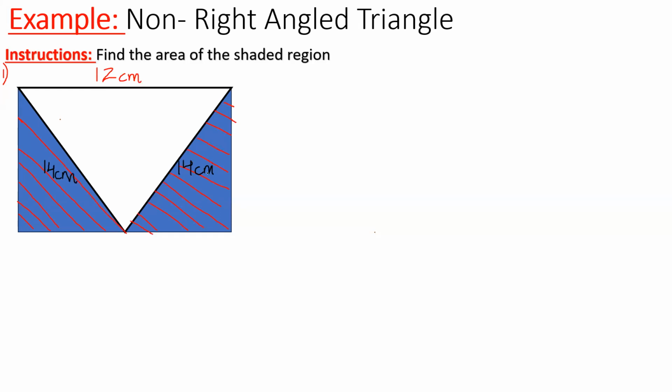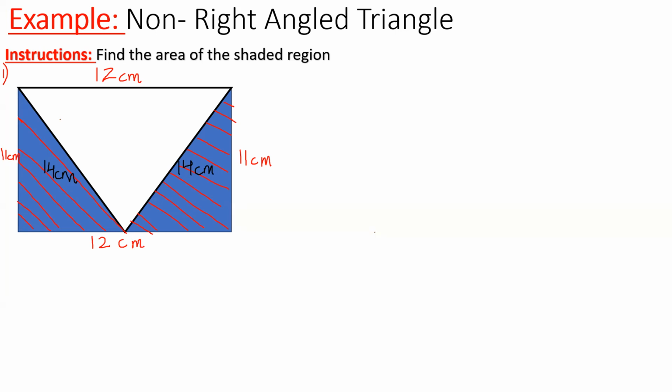And let's also say that the distance for this one on this end is going to be 11 centimeters. So that means that this side is also 11 centimeters. That means that this side is also 12 centimeters. Good. So I want to figure out the area of the shaded region.